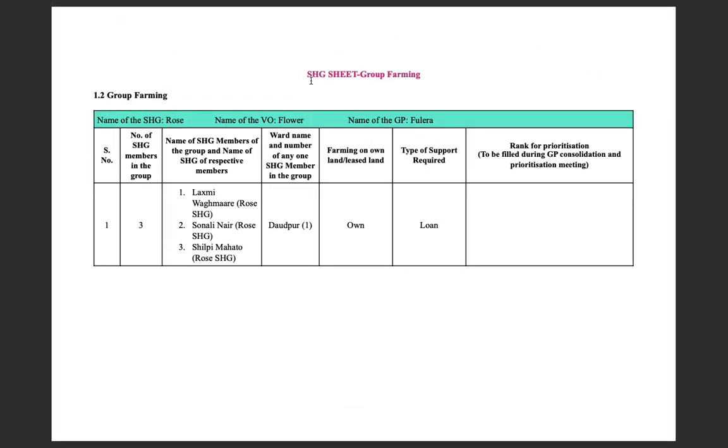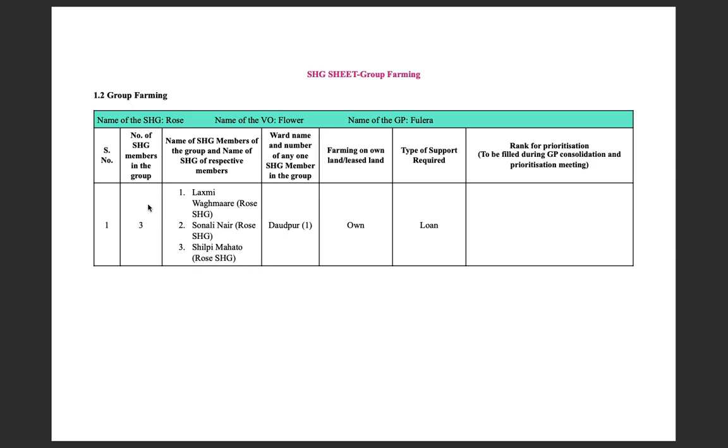Now I will teach you again how to do the VO consolidation or summary sheet for group farming. Under one SHG, we can see that 3 people are interested in doing group farming.